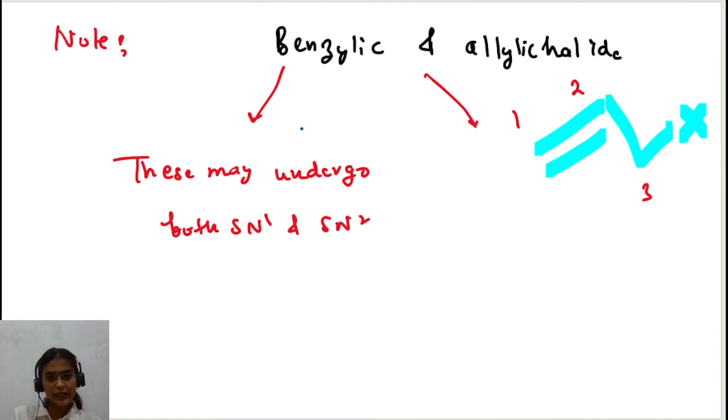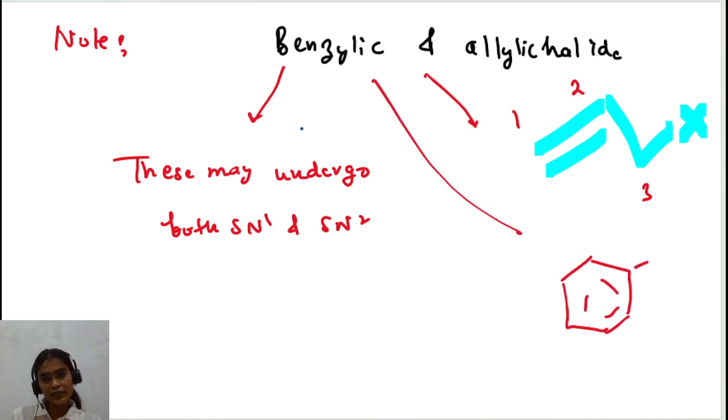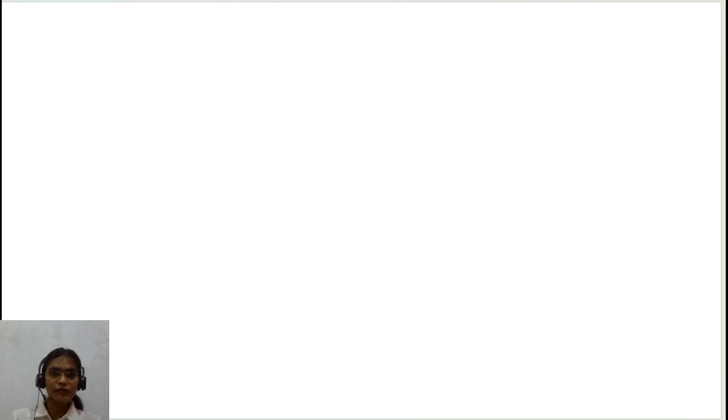And benzylic means that you have a benzene connected with some CH2, let's say this is a benzylic halide, the carbon connected to the benzene ring. Let me give you a brief of the 11th class if you don't know.